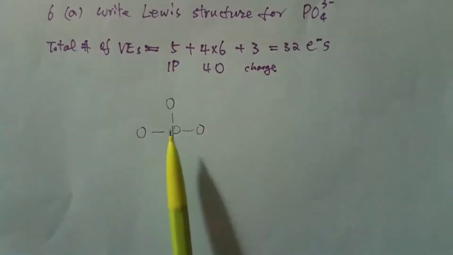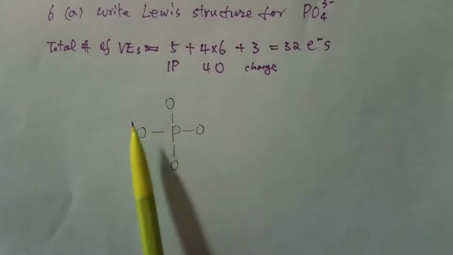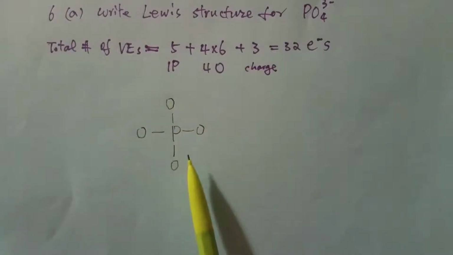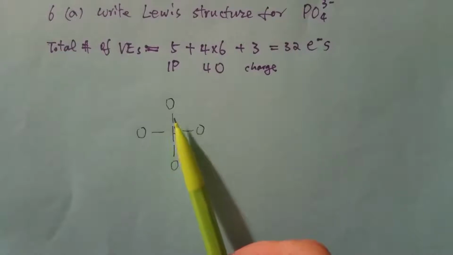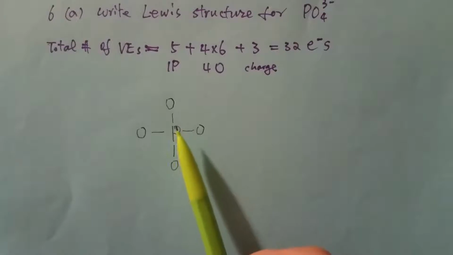So we place phosphorus as the central atom, and the 4 oxygens as the peripheral atoms. And as I mentioned a short while ago, between each phosphorus and oxygen there has to be a bond, whether single bond or double bond, which we'll determine very shortly.